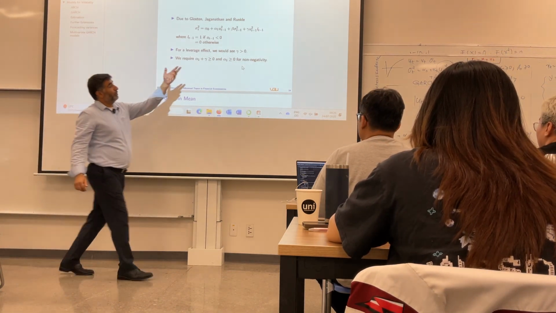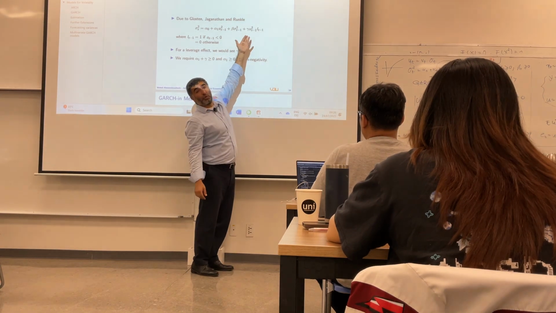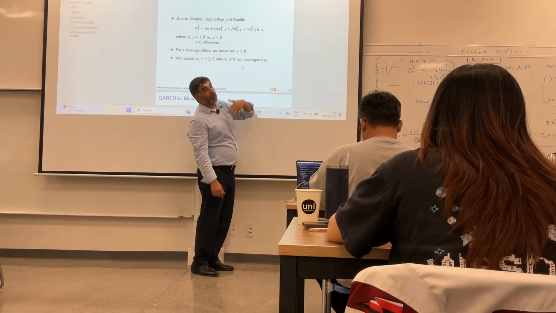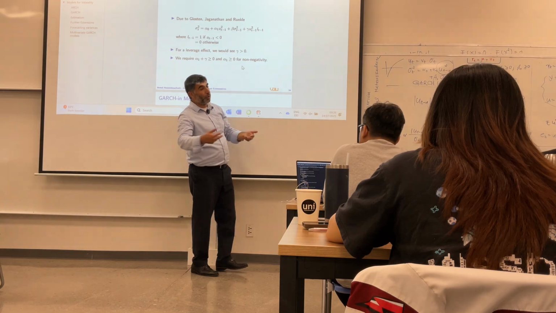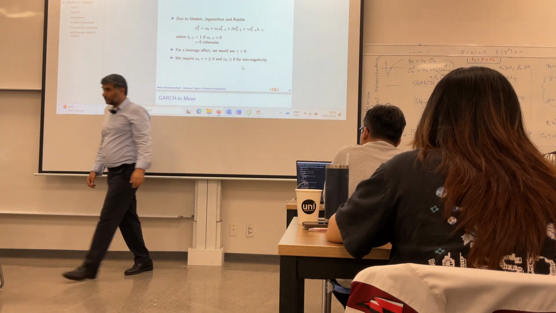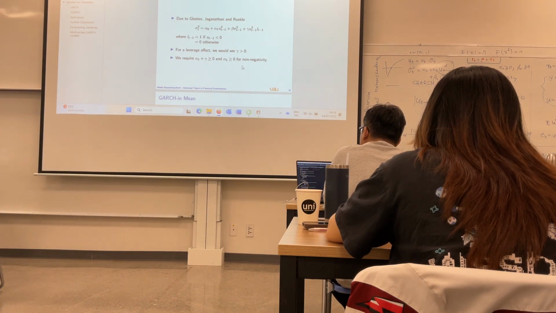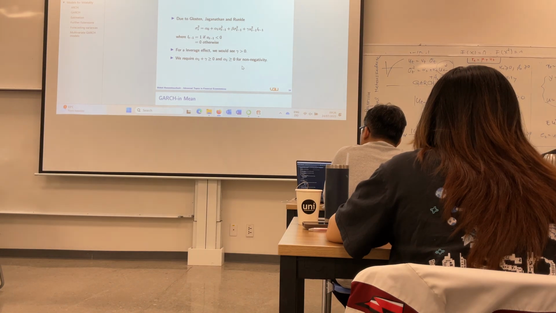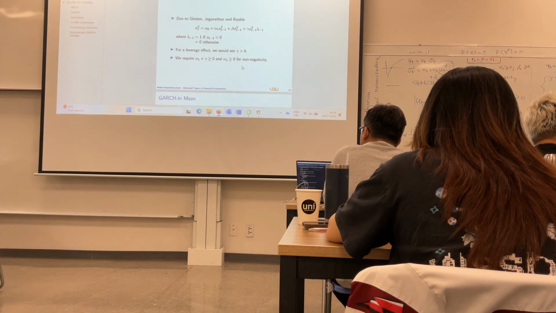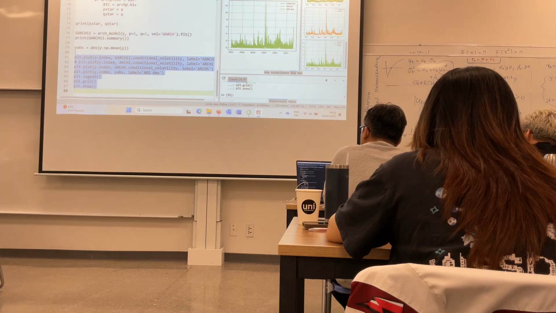Well, this model is very simple. It looks at whether the shocks are negative or not. But one can do more. One can bring in more conditioning variables and do further work. All right. So let's see.